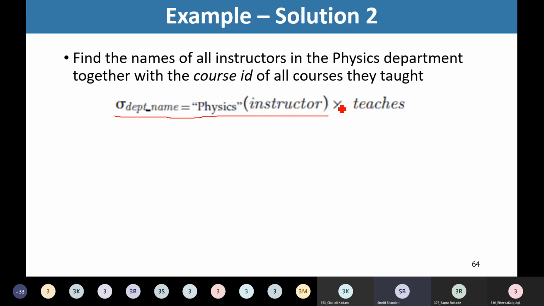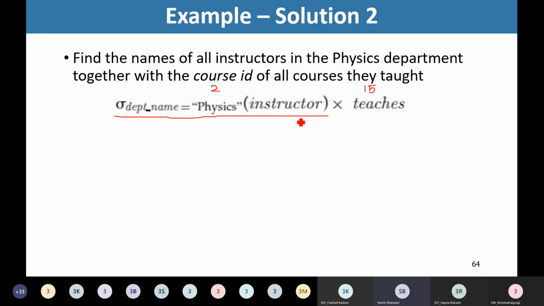Then I take a cross product of that relation, which has 2 tuples, with teachers, which has 15 tuples. So ultimately, I will be getting only 30 tuples to manipulate.